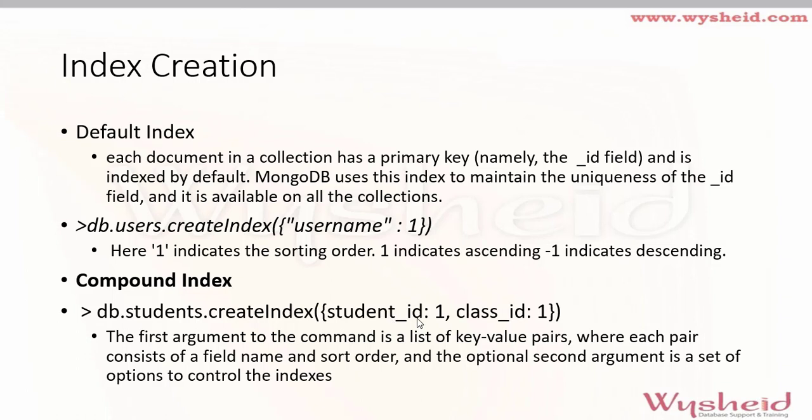So we are passing studentId and the sorting order. Here the studentId should be sorted in ascending order, and the next field for that compound index is classId, which is also sorted in ascending order. If you want to sort in descending order, then we have to pass -1 instead of 1.